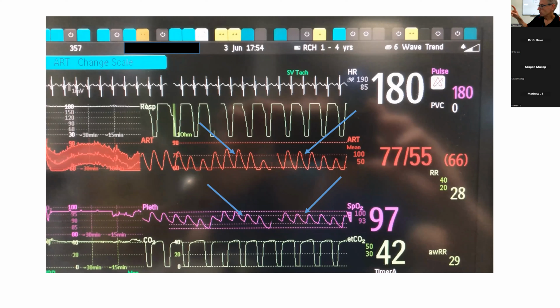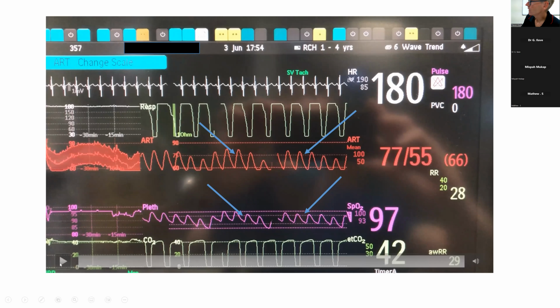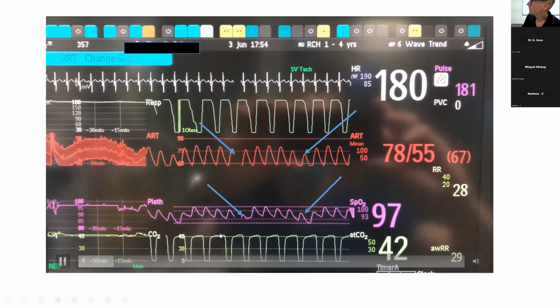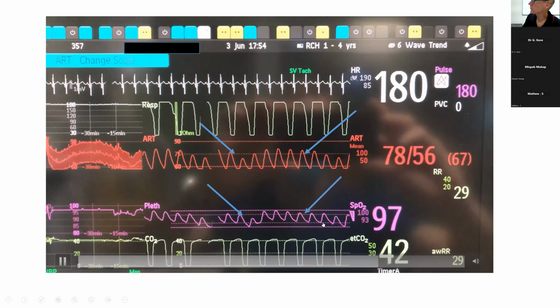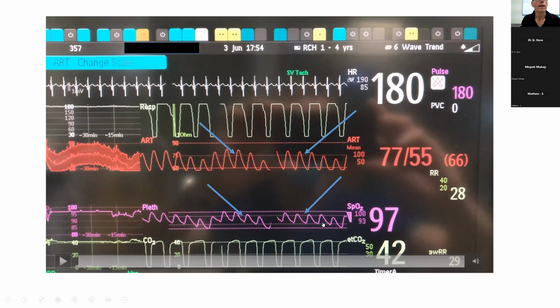Okay, there's two things. For the purposes of what we have at our disposal, usually in terms of vital signs, just look at the saturation trace. This is the arterial trace, but that's an arterial line. This is the saturation trace, right? And it tells the same story, right?